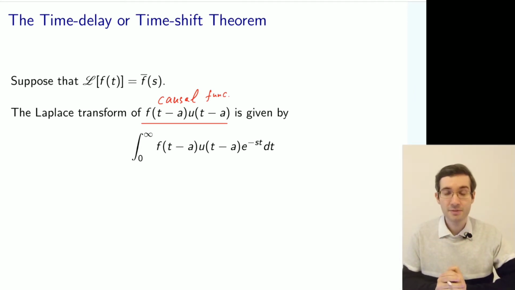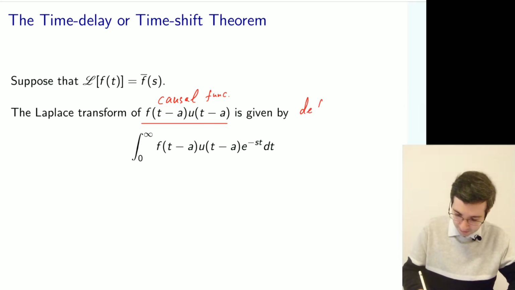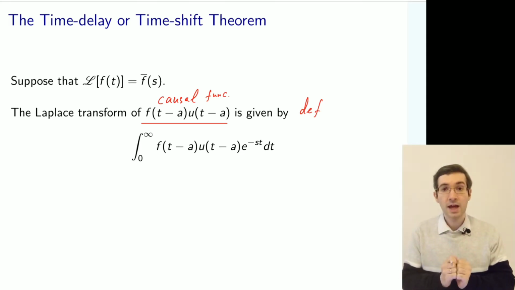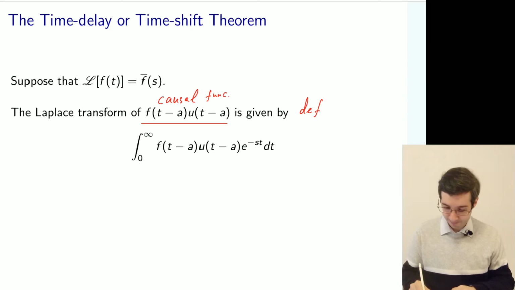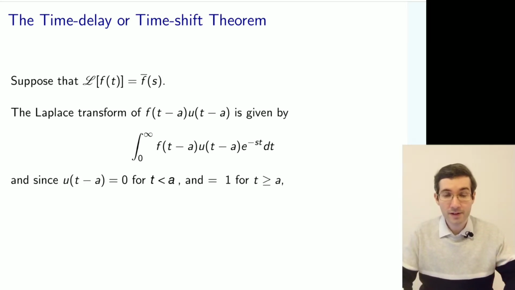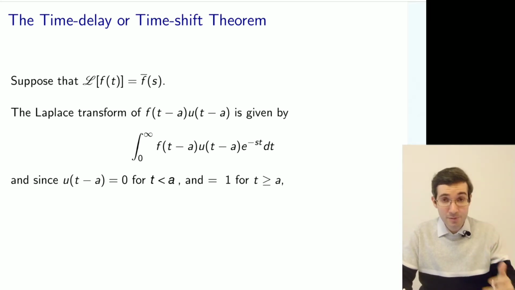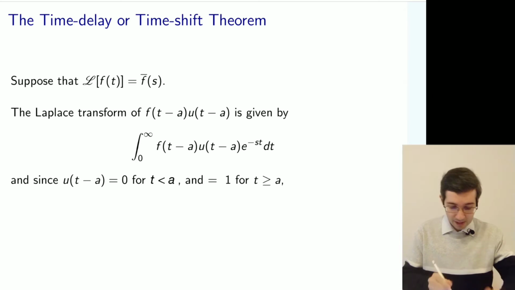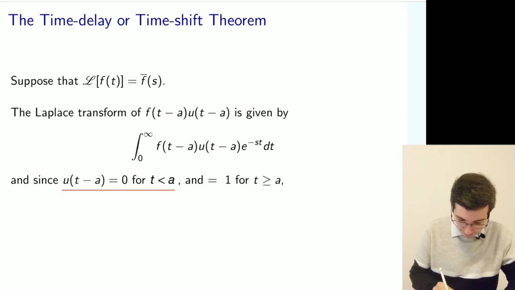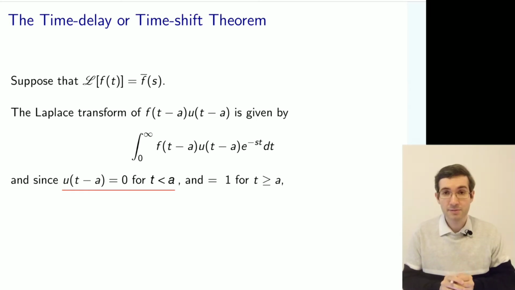Let's use the definition. That's one of the rare cases where we would need a definition. By definition, the Laplace transform is an integral of that function and an exponential. And because the causal function does not really exist before a given time, that's why it's called causal, we take that property to simplify our integral.